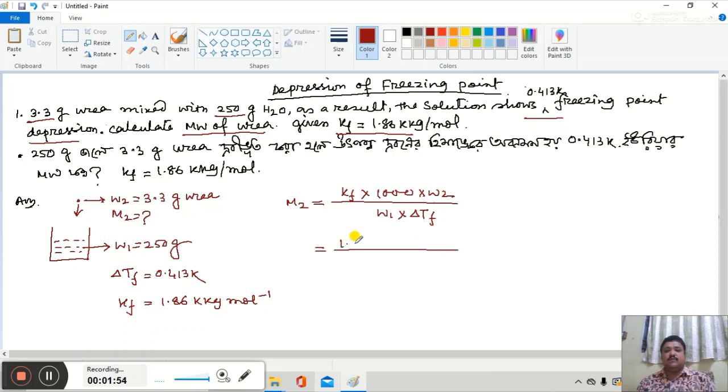Putting the values, Kf is 1.86 into 1000 into the value of W2, 3.3. Now the value of W1 is 250 and del Tf value is 0.413. By calculating it, we get the value of M2 is 60. So the molecular weight of urea is 60. This is the first numerical in this topic.